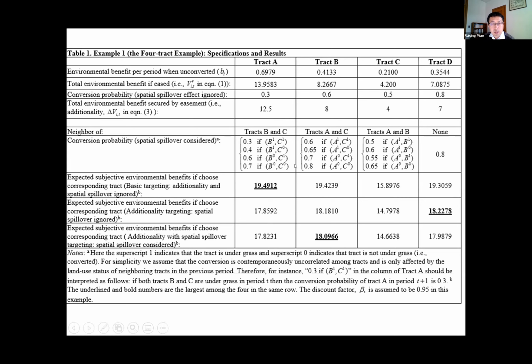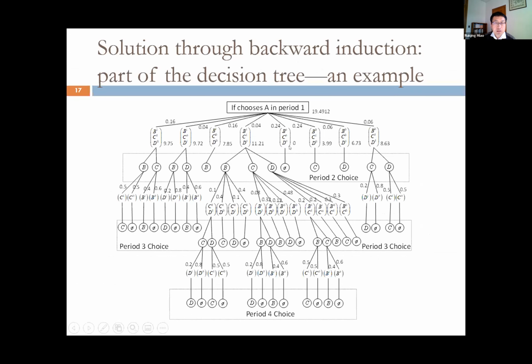So the goal is to maximize the environmental benefit protected from grassland easement acquisition. For the 4-tract example, we can solve the problem by using backward induction and by drawing this decision tree. This figure just shows one major branch of the whole decision tree. The whole decision tree covers 4 branches like this.